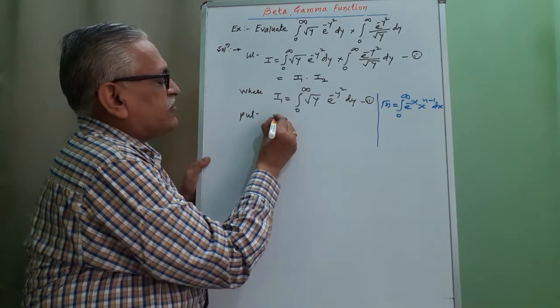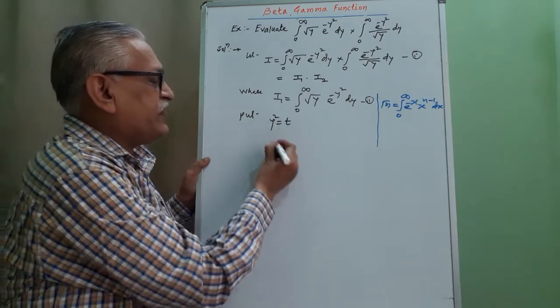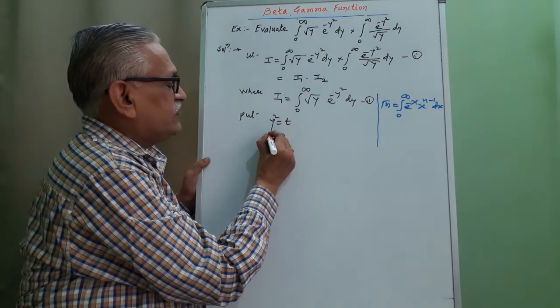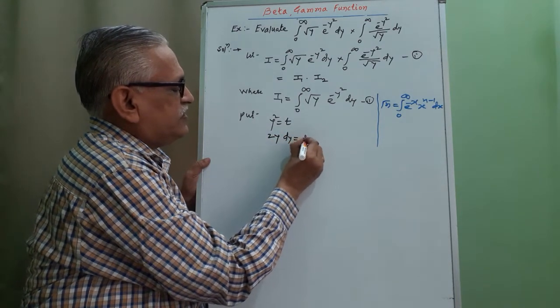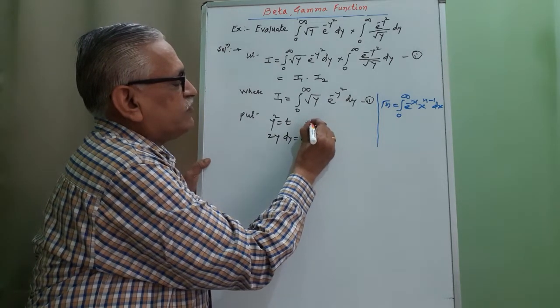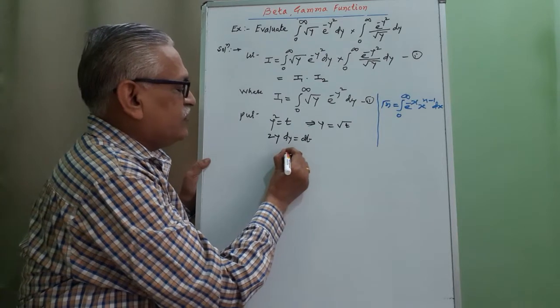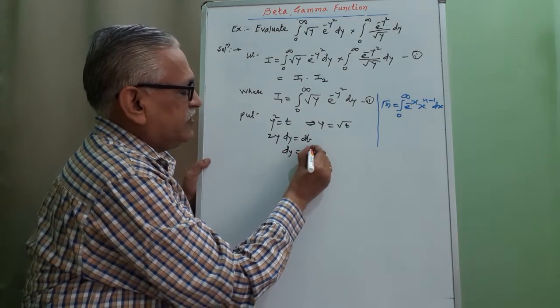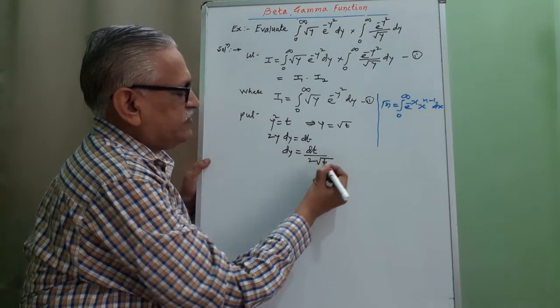Put y square as t. Differentiating it with respect to y, we get 2y dy is equals to dt. Taking square root, it implies y is equals to root t, and therefore dy is equals to dt divided by 2y, where y is root t.